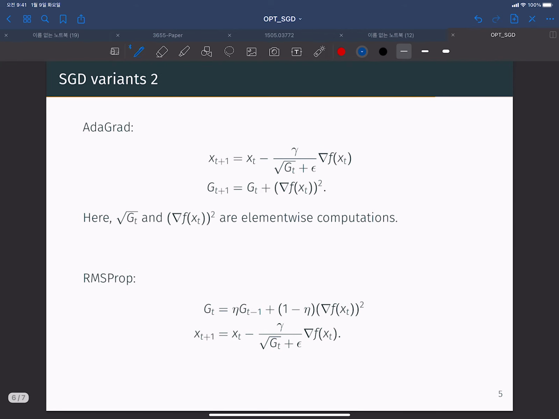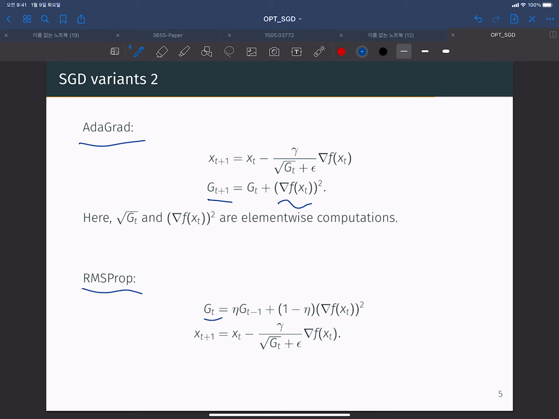The second approach is the square of gradients based approach. There are two algorithms, AdaGrad and RMSProp, and both compute the G vector, which is basically an averaging of gradient squares. Here the gradient square is an element-wise square.